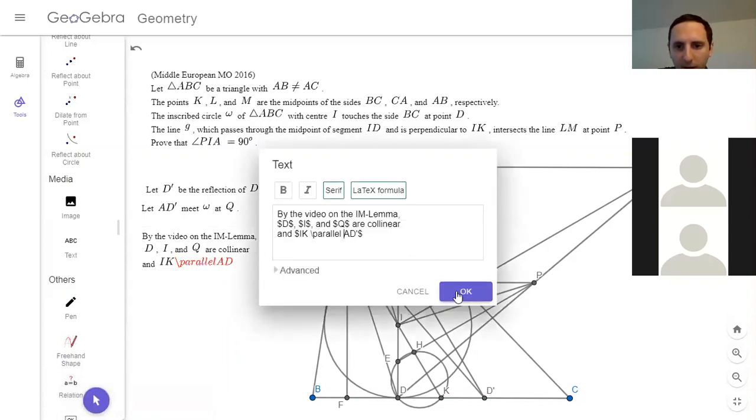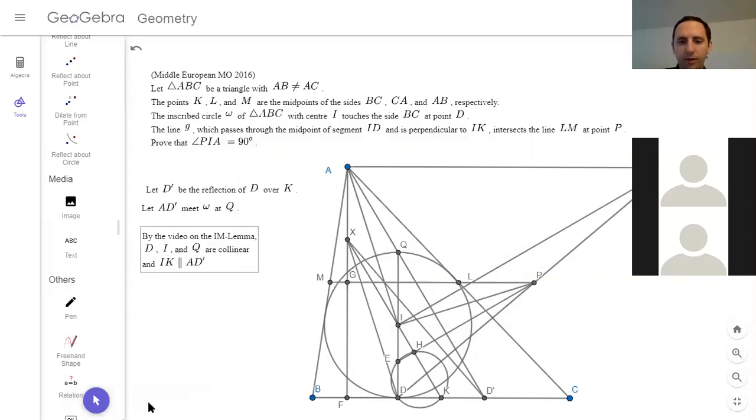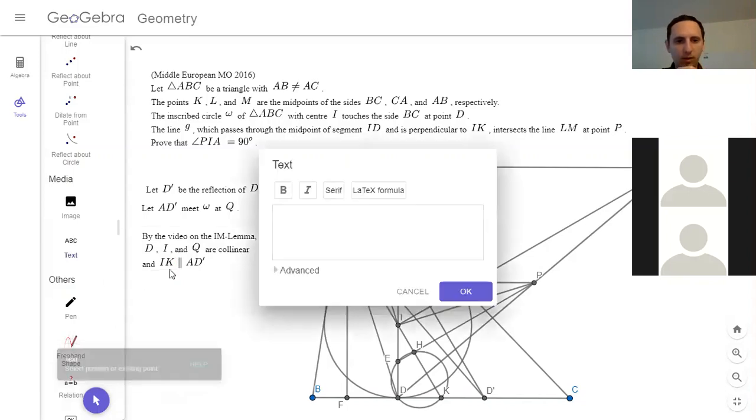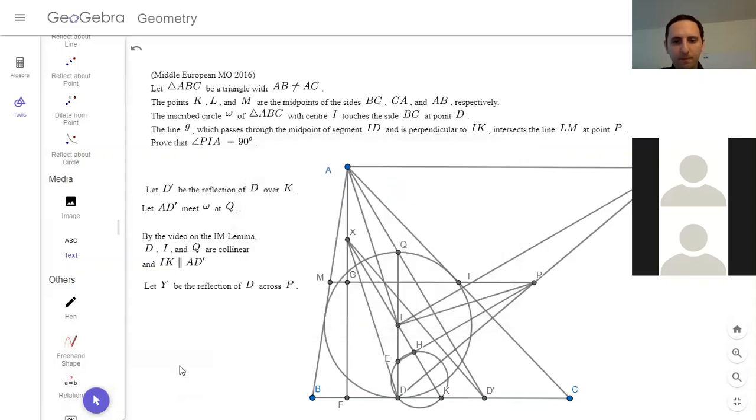let Y be the reflection of D across P. Actually, you know what?